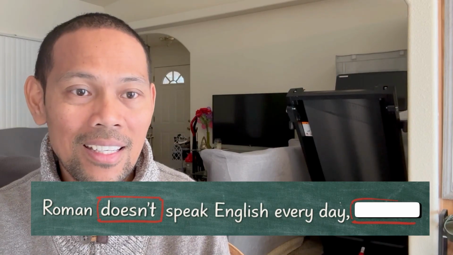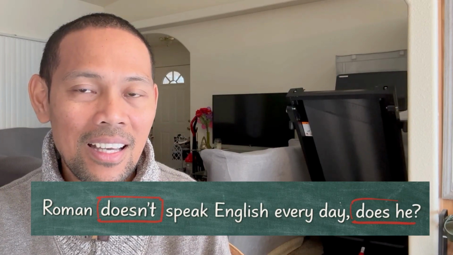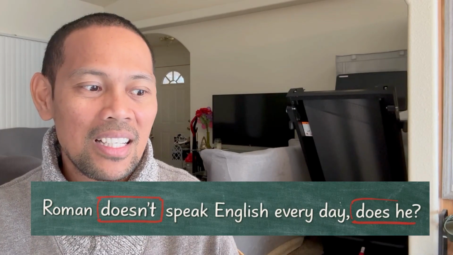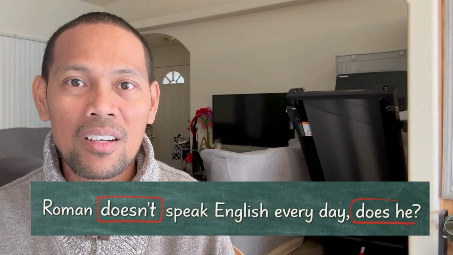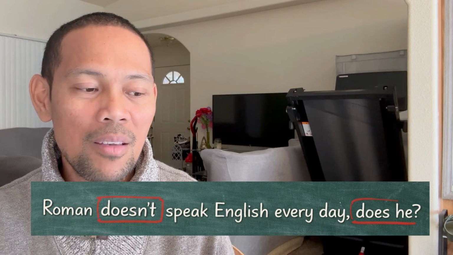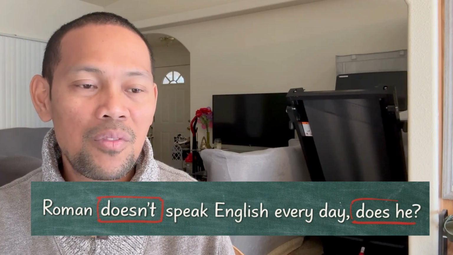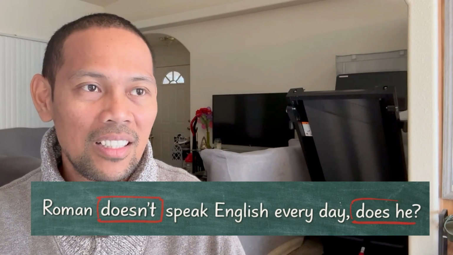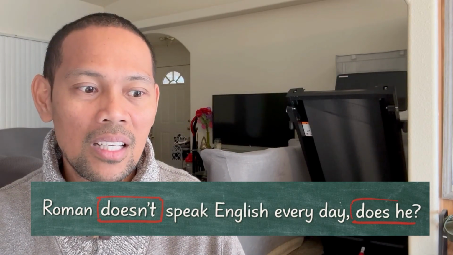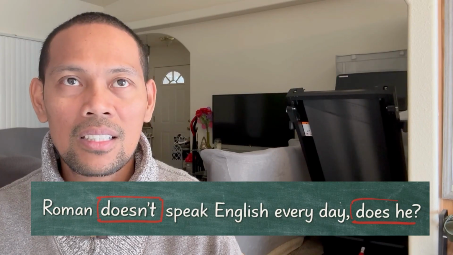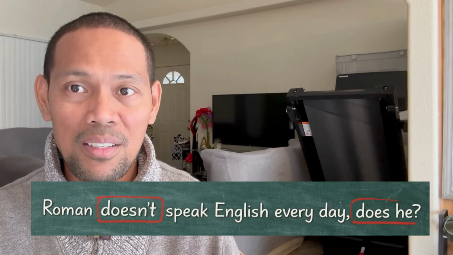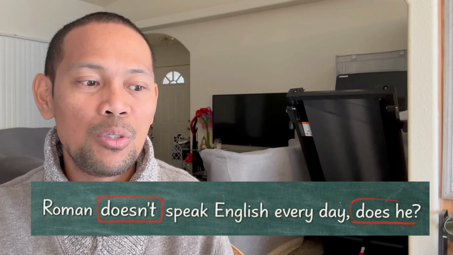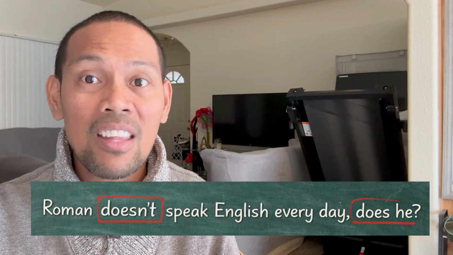Just like the example, Roman doesn't speak English every day. Does he? Okay, I bet this is easier than the first one that we did, because you already have a clue here. We make use of the do verb, does or doesn't. Unlike earlier, the main verbs used there were all positive. Unlike here, it's influenced directly by does and doesn't.